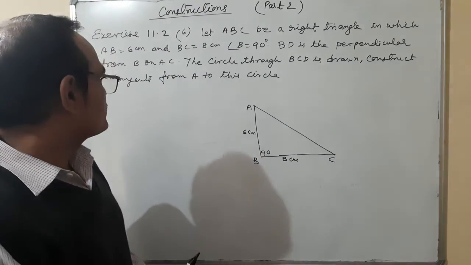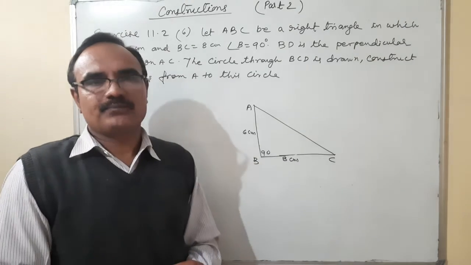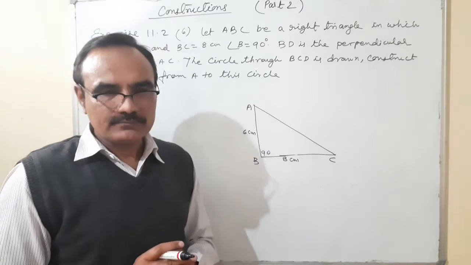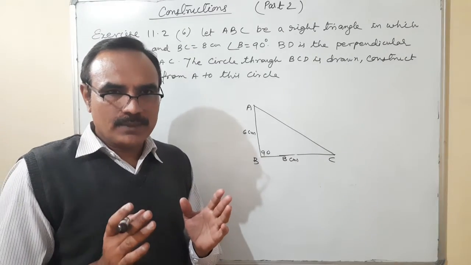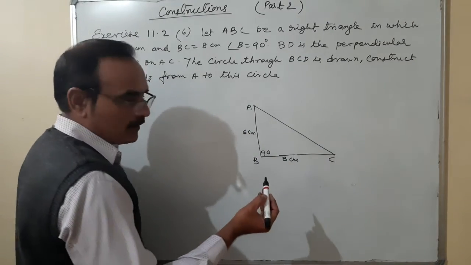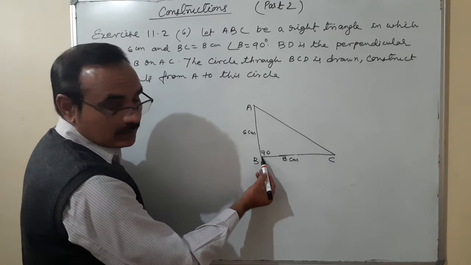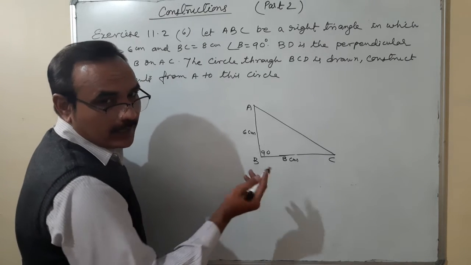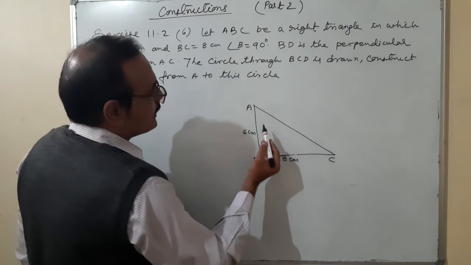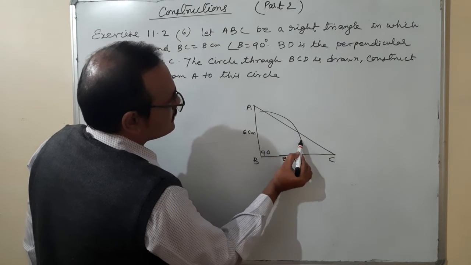Okay, first one. Second is BD, the perpendicular from B on AC. Now we are going to draw the perpendicular from B on AC. How to draw the perpendicular from the external point? For that, what should be done? Let us see. Open the pair of compasses, placing the middle point at B, and take a sufficient radius in such a way that it will intersect this AC like this.